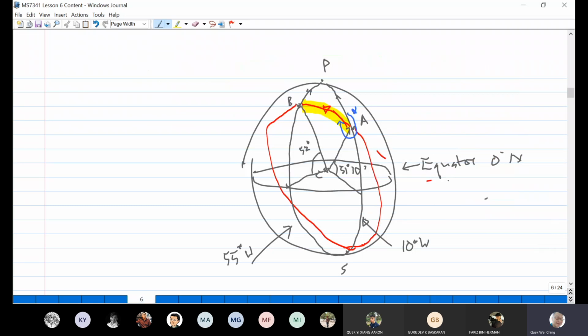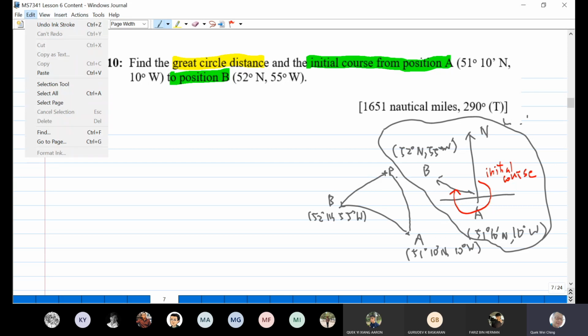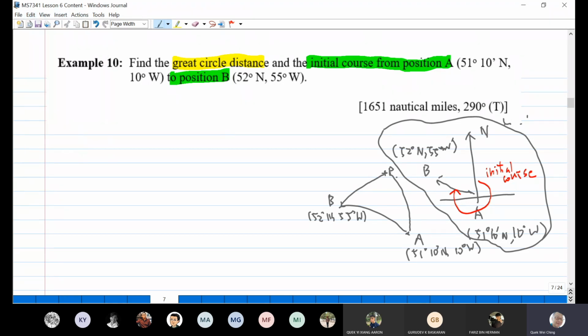Okay, alpha is the initial course, and the distance AB is the yellow part here. So I don't need this bearing diagram anymore. I'll use it when necessary.